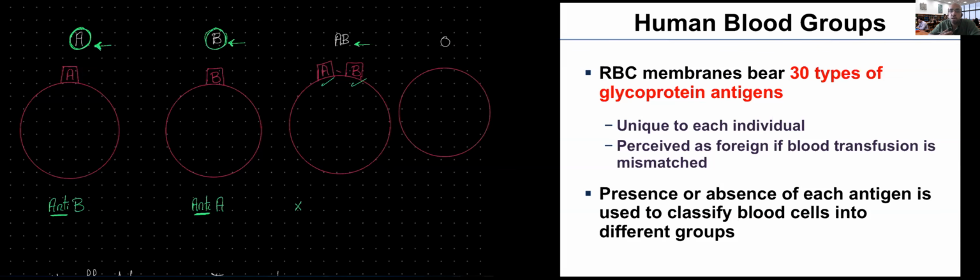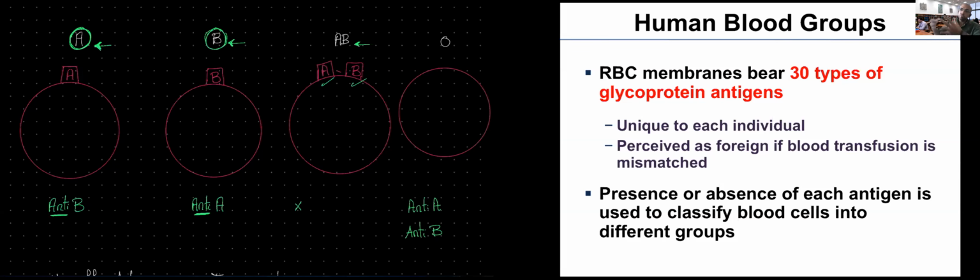So which antibodies would I be producing if I don't have antigen A and I don't have antigen B? Which antibodies would I be forming if I'm a blood group type O? Anti-A and anti-B. So if I get exposed to antigen A, I will start to attack it. If I get exposed to antigen B, I will start to attack it.